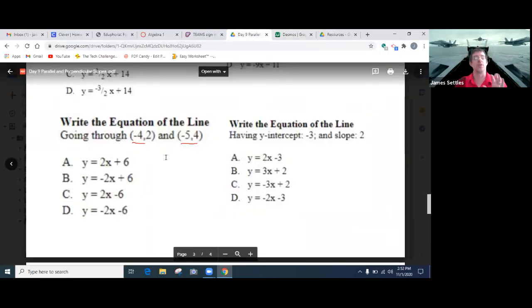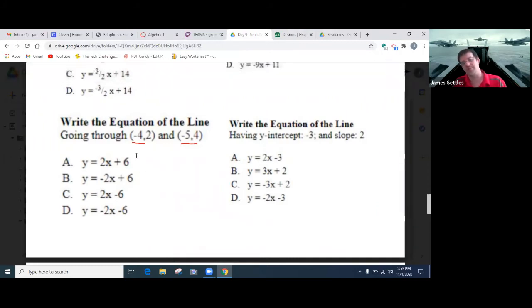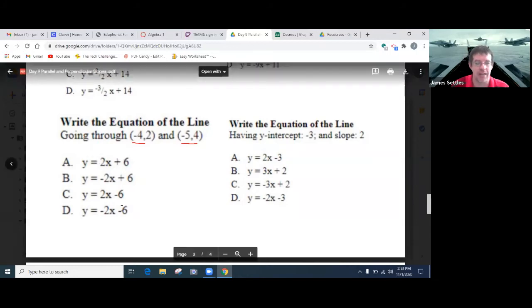Now, if you don't know the secret to this, then you're going to go and type in B, okay? But we have a little secret. Anytime you get the correct number, but the wrong sign, so we got 2, but it was -2, then we're going to change both of our signs. So we're going to change the +2 to a -2 and the +6 to a -6, and that would be D right here.